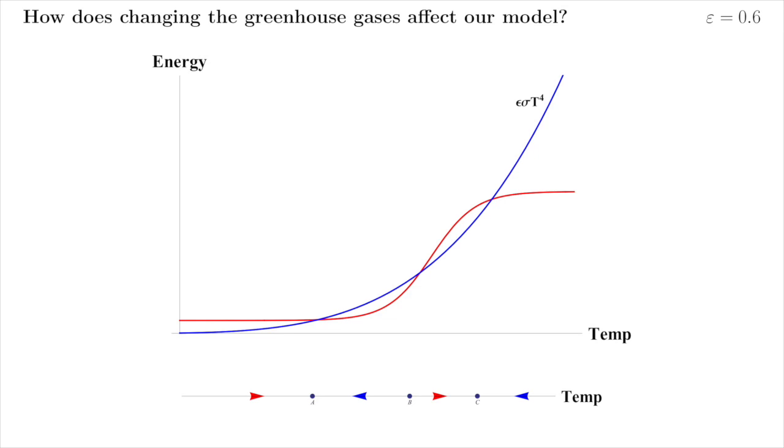Now, if I lower the amount of greenhouse gases in the atmosphere, that's going to increase the emissivity of the planet. So let's see what happens if we increase from 0.6 to 0.65. When we do that, our quartic gets a little bit steeper because we're increasing the coefficient of the t to the fourth term.